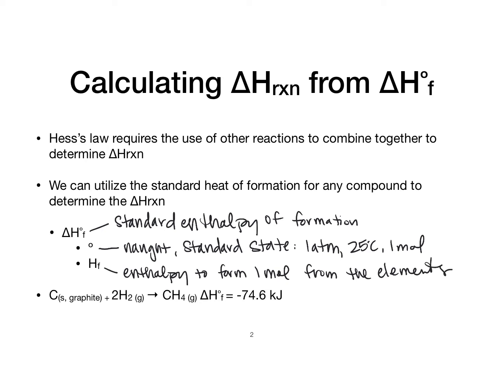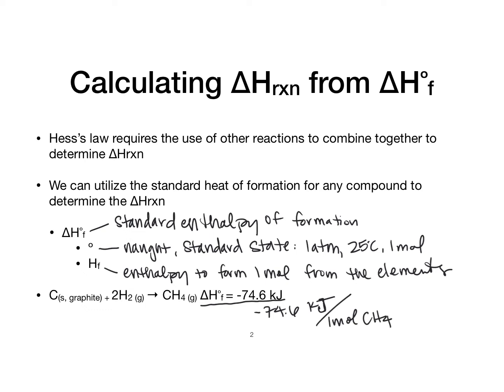An example would be 1 mole of carbon solid, in this case graphite, plus 2 moles of hydrogen gas together forms methane. The heat of formation in this case is negative 74.6 kilojoules per 1 mole of CH4.